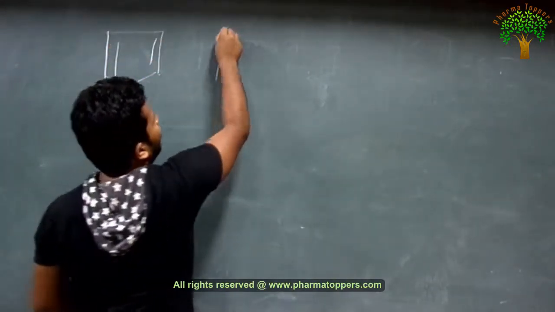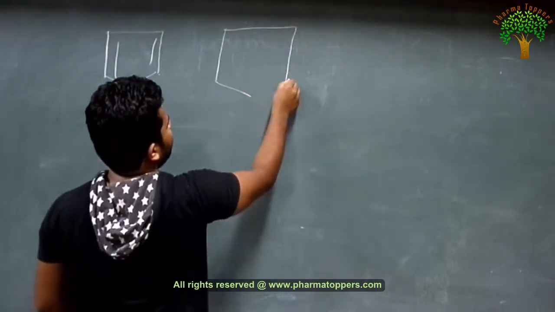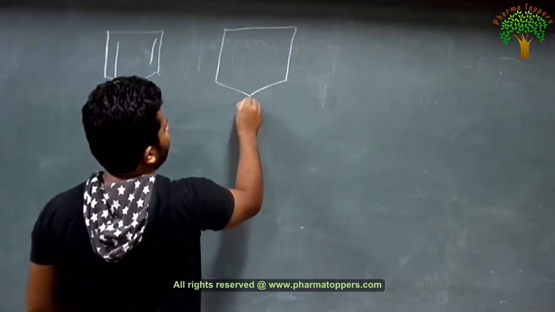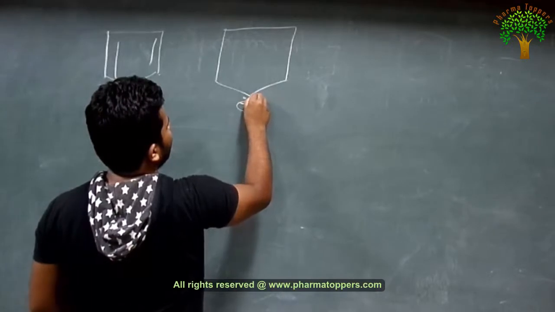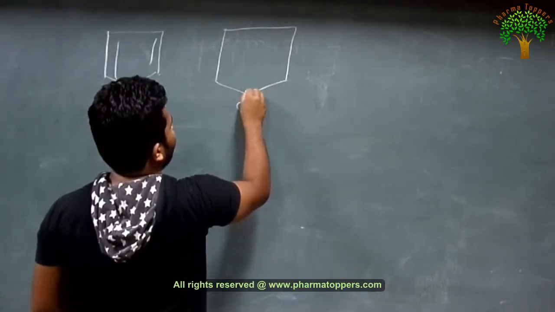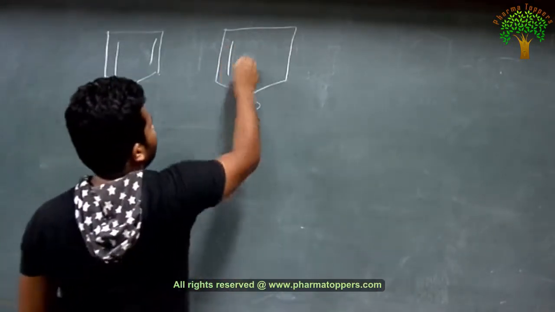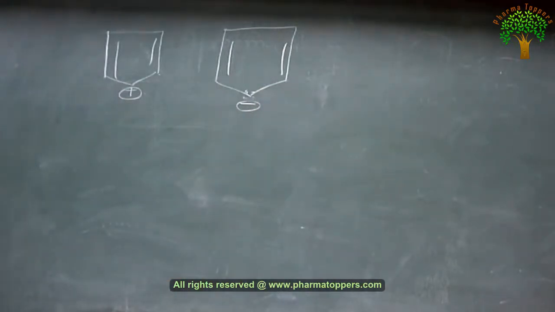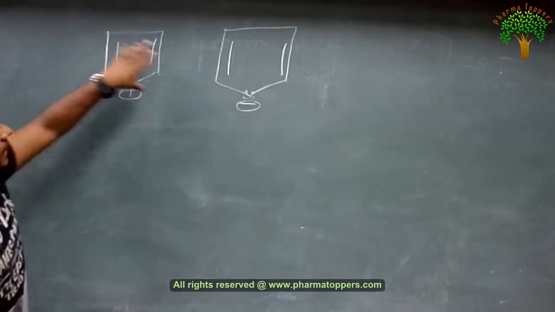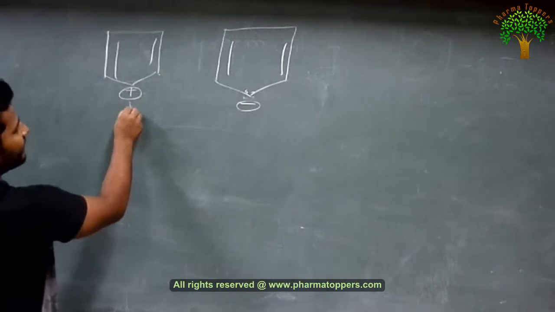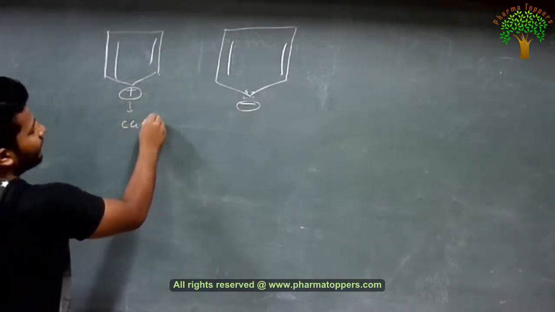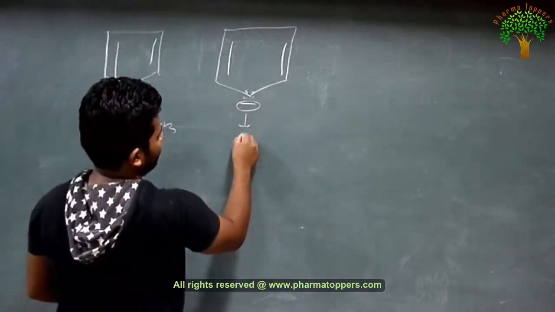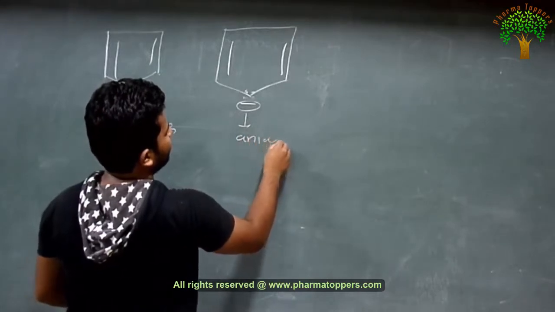And sometimes they ask about this structure. The only difference is that here the cation is present, here the anion is present in the structure.